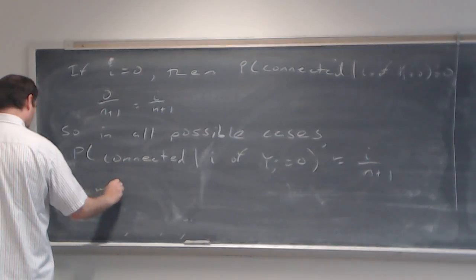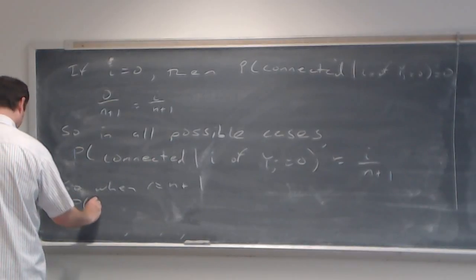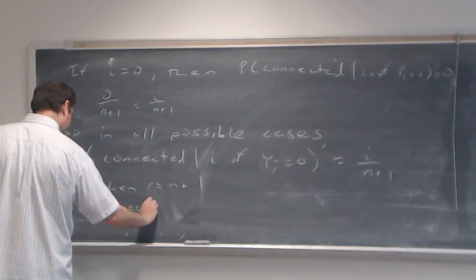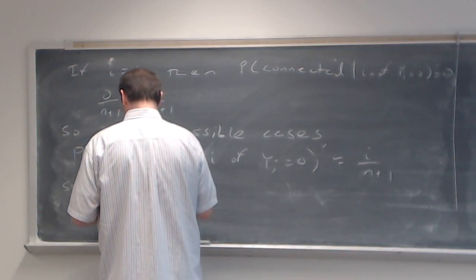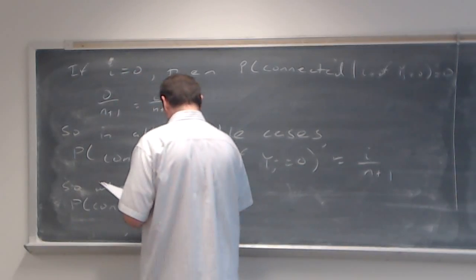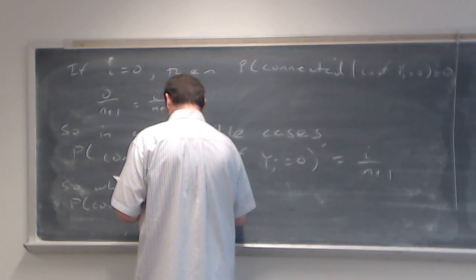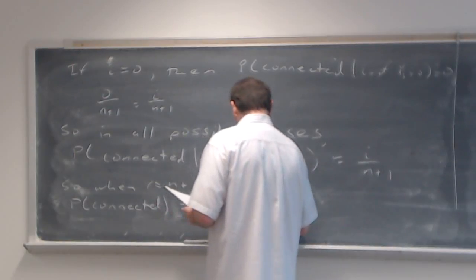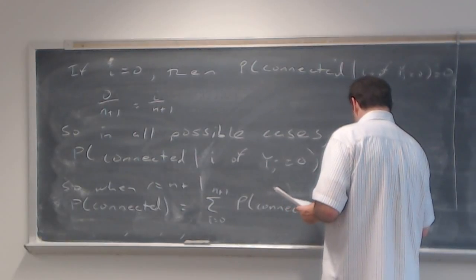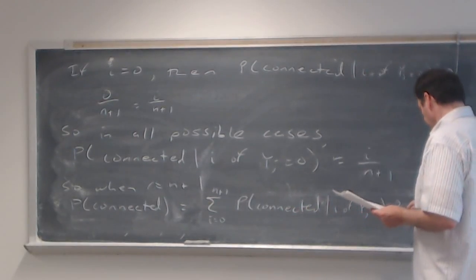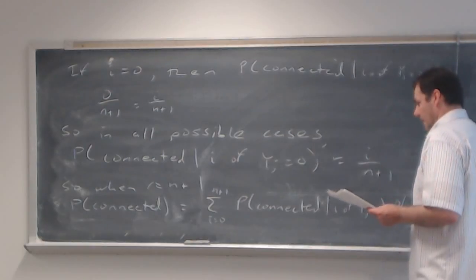So, when r equals n plus 1, what we have is the probability of being connected, according to the lemma, is equal to the sum as I runs from 0 to n plus 1 of the probability of connected, given I of the y sub j's equals 0, times the probability that I of the y sub j's equals 0.